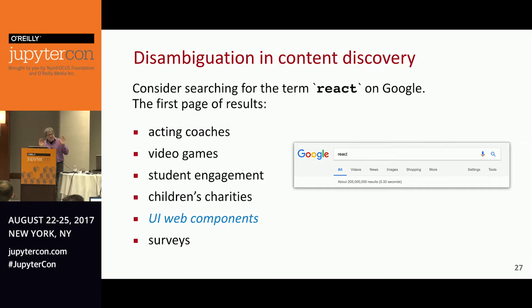But if you're talking about react in chemistry, it means some ions are interacting because there's a chemistry balance, and you've got things like valence going on, which is really important for the scientific literature that we have. Or if you're talking about React, obviously you're talking about a JavaScript library. And we don't really know in advance what's inside somebody else's head. So there are a lot of contextual problems.